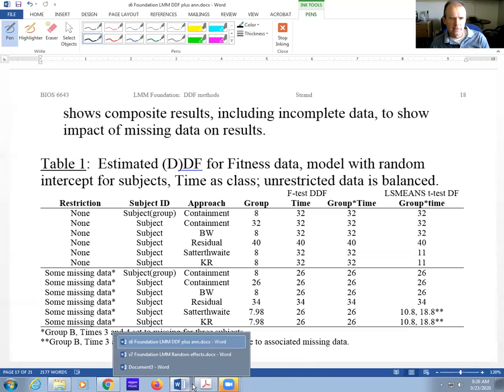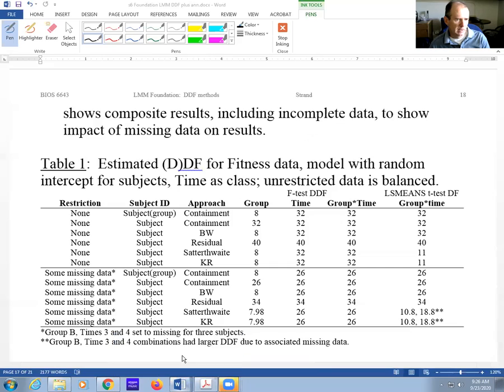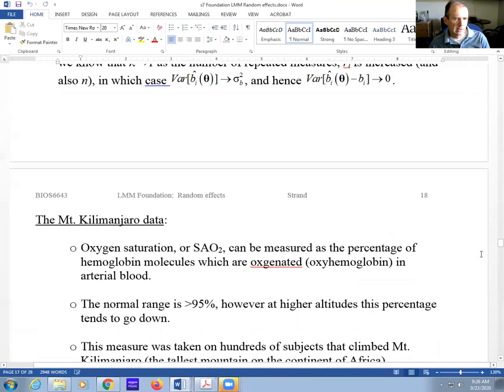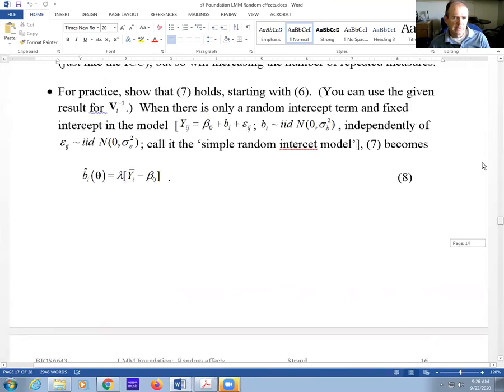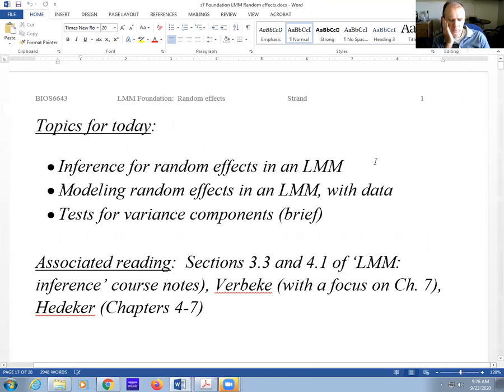Okay, so that's, in a nutshell, degrees of freedom. The slide set that we have for today is random effects. About 2 or 3 years ago, we changed the curriculum for 6611, 6612, and then longitudinal.